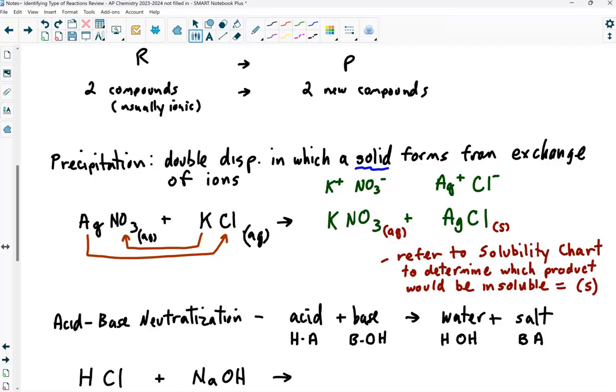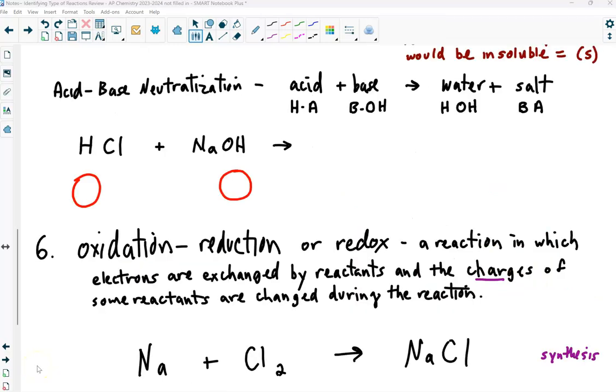Okay, let's move on to acid-base neutralization. Well, an acid-base neutralization is when an acid reacts with a base. Now, how do you know it's an acid? Well, one of the definitions of acids is that they contain hydrogen ion or ionizable hydrogen.